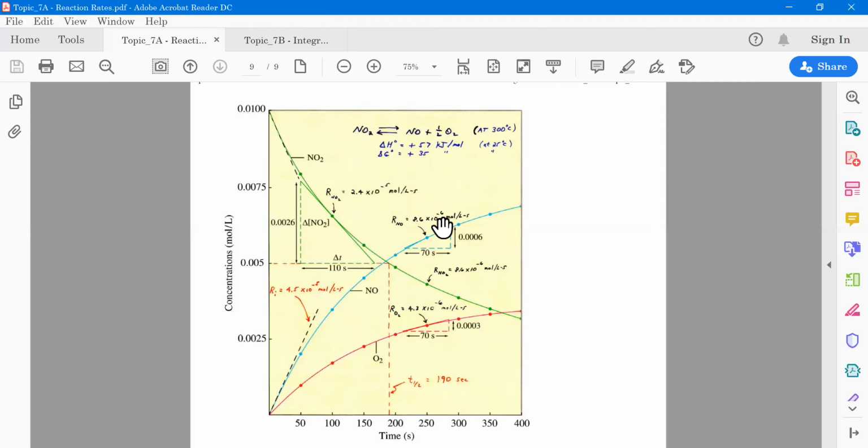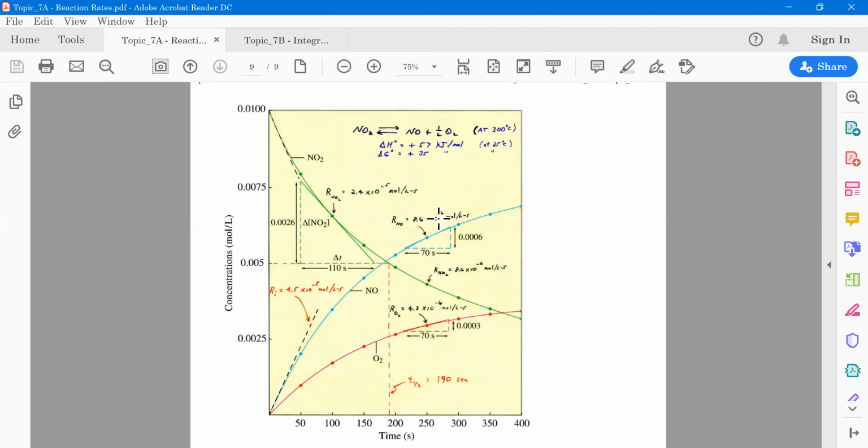But the change of concentration with time at that point is 8.6 times 10 to the minus 6, or with the same exponent, about 0.86 times 10 to the minus 5. So the reaction has slowed down to about 1/5 the rate that it was at the very beginning.